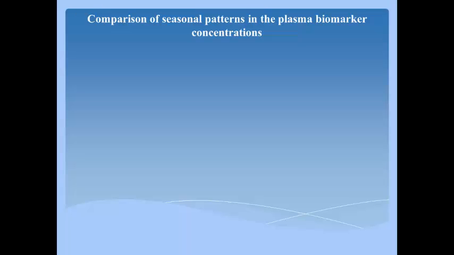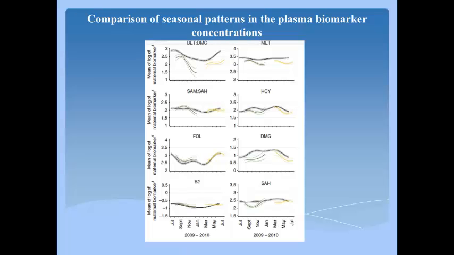Authors measured plasma concentrations of key methyl donor pathway substrates. 8 of the 13 biomarkers and 2 derived variables showed significant differences between seasons of conception.